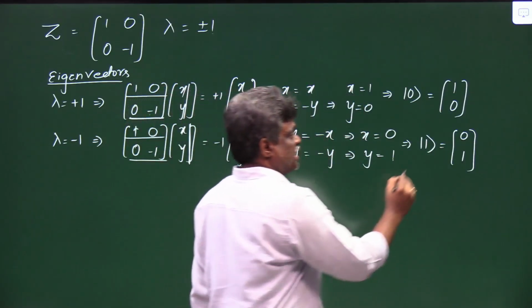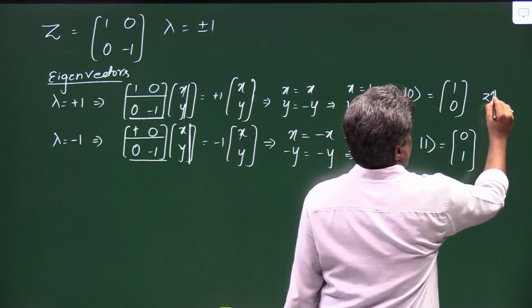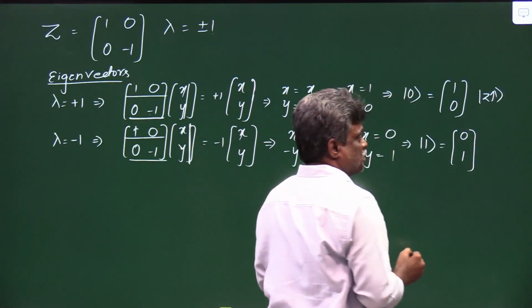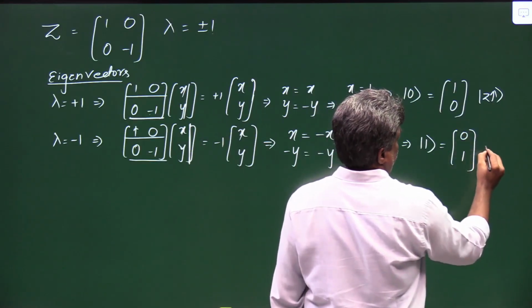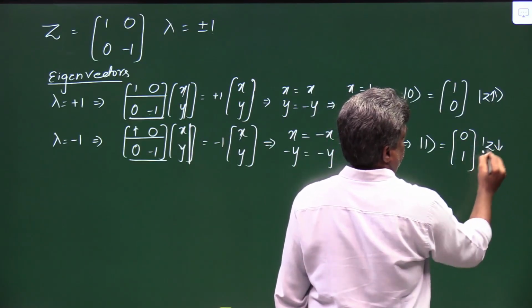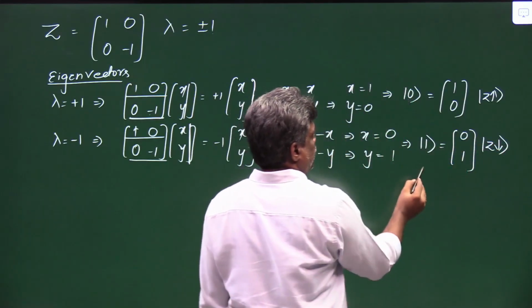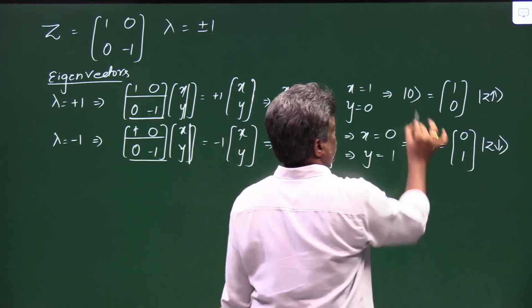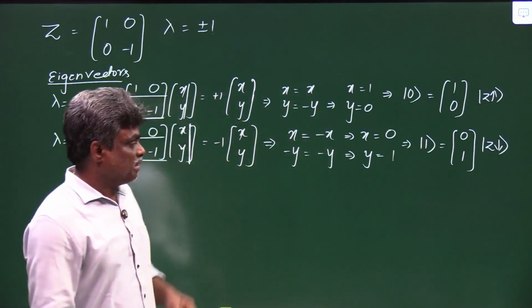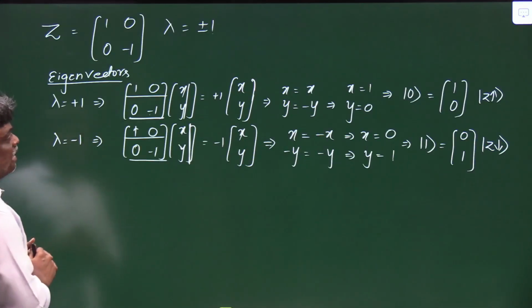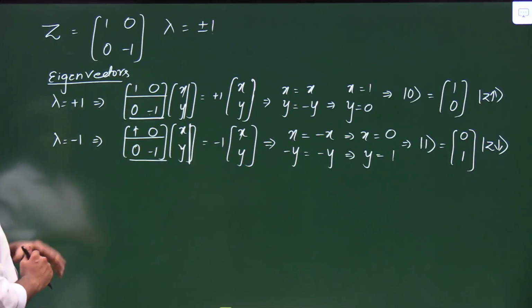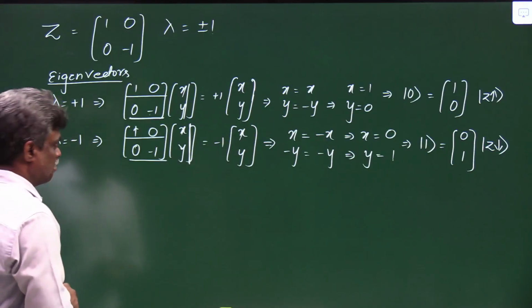This is the Z up state corresponding to plus h cross by 2 eigenvalue or plus 1 eigenvalue, and this is the Z down state. But here we will represent in this notation, ket 0 or ket 1, computational basis, right? So these are the eigenvalues and eigenvectors of Pauli matrices.